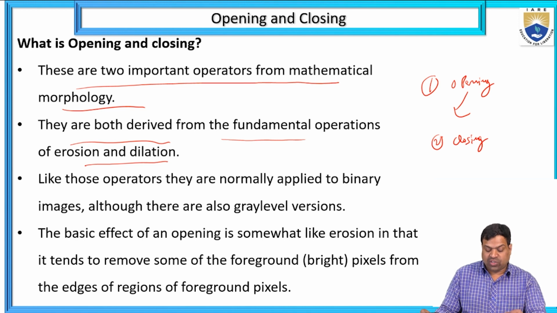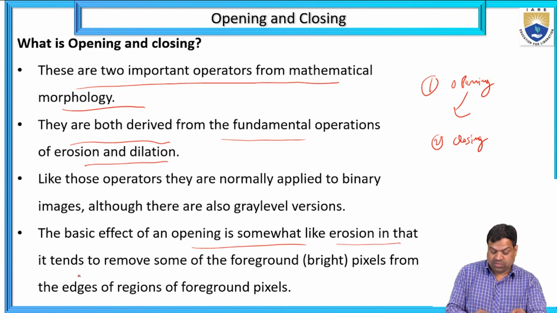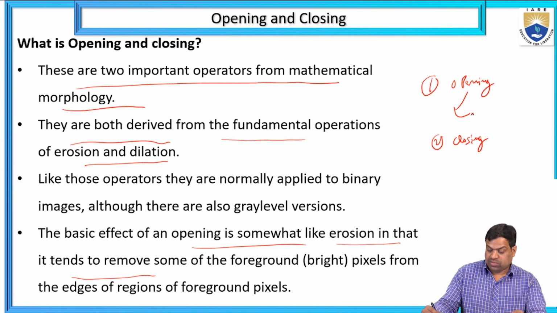The effect of opening is somewhat like erosion, in that it tends to remove foreground pixels from the edges of regions. Opening is somewhat a removal of foreground.